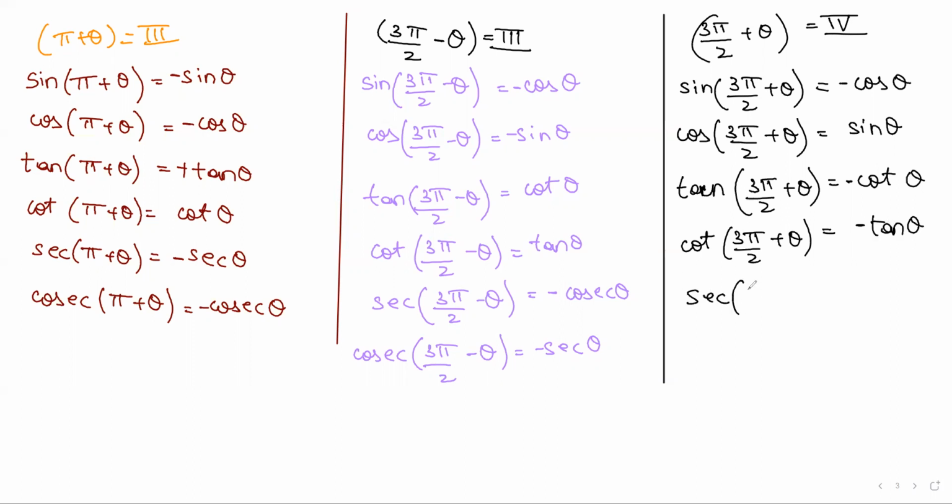Sec of 3 pi by 2 plus theta is equal to, sec is positive and sec gets converted into cosec. Cosec of 3 pi by 2 plus theta is equal to minus sec theta.